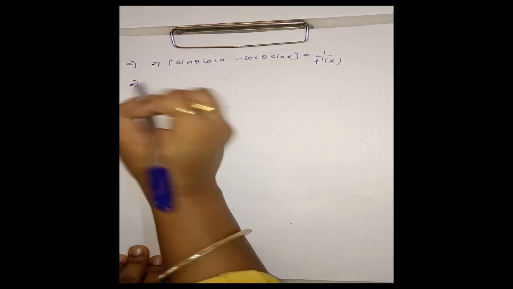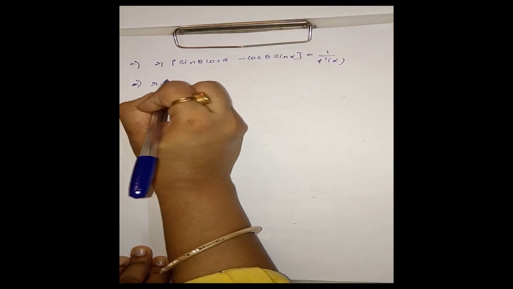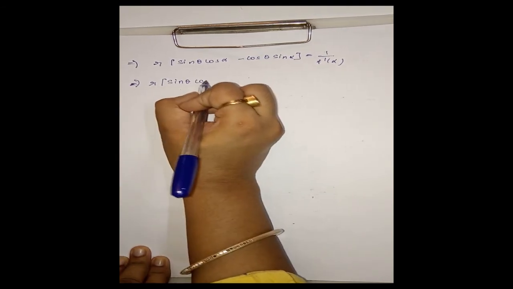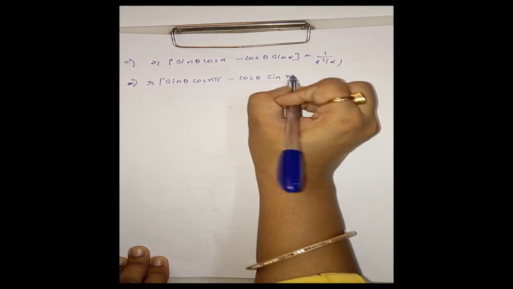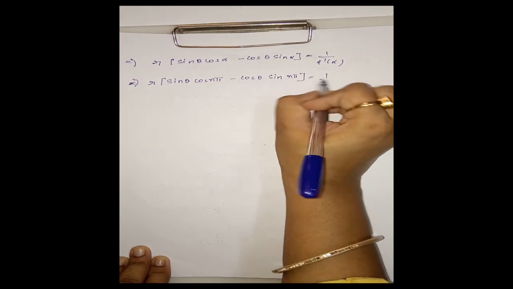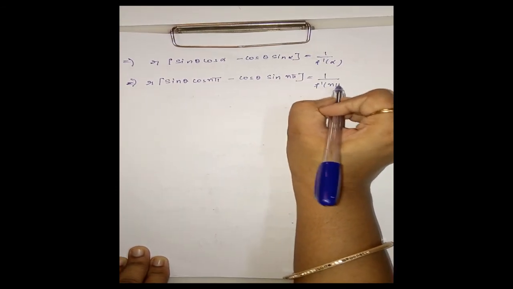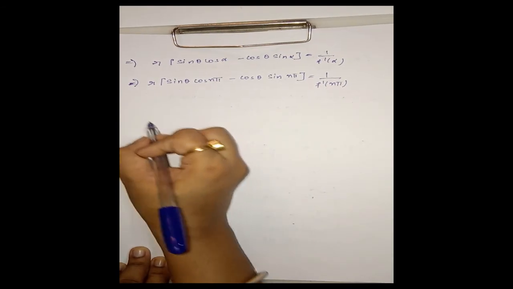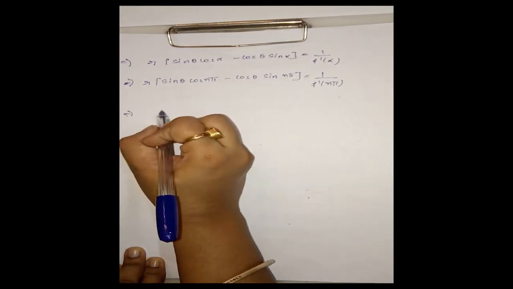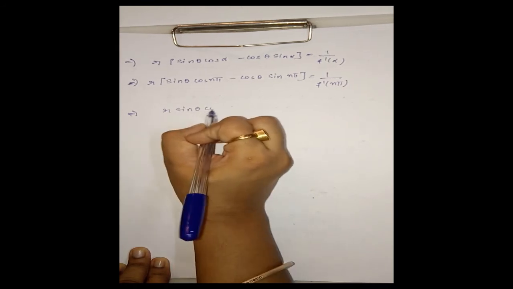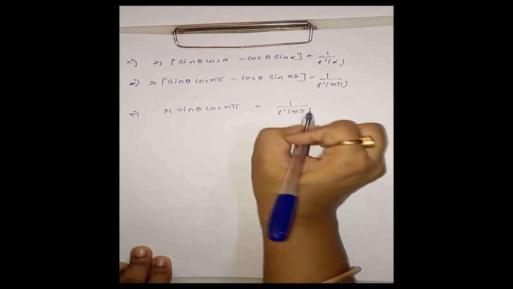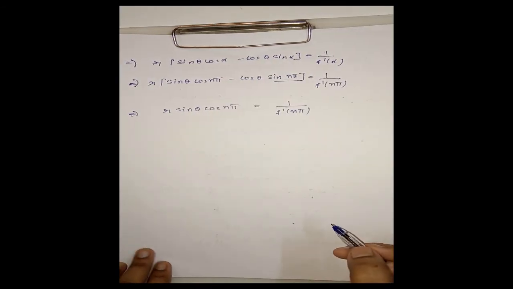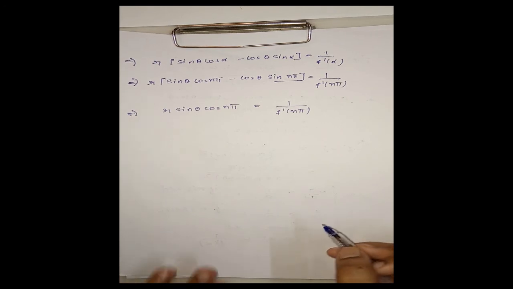On substituting value of alpha as n pi, I get sin theta cos n pi minus cos theta sin n pi, equal to 1 by f dash n pi. Now this is r sin theta cos n pi is equal to 1 upon f dash n pi, since sin n pi is 0 always, whether n is even or odd.